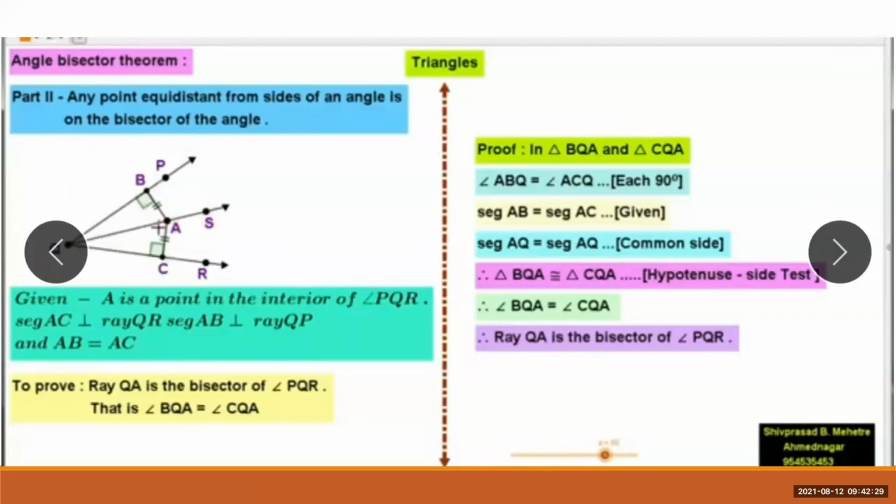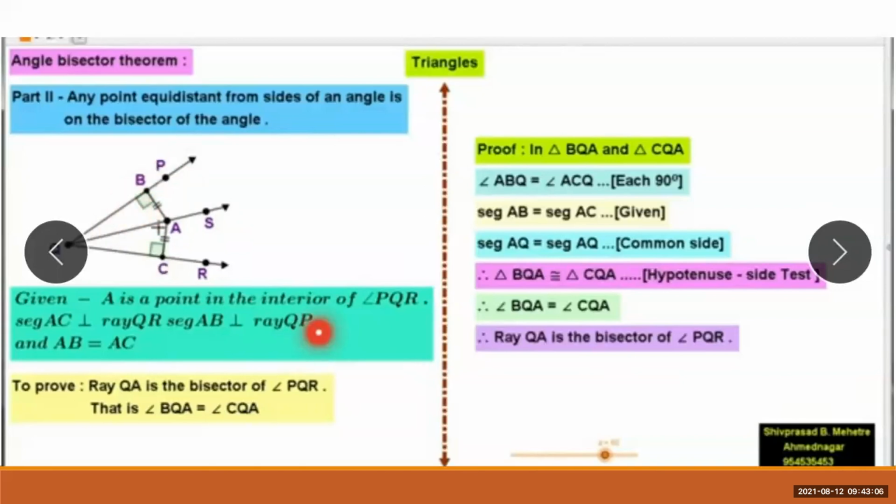Now segment AC is perpendicular to ray QR. This segment AC is drawn, and it is perpendicular to a side of the angle, that is ray QR. Another perpendicular is drawn here, segment AB, which is perpendicular to the other side, ray QP.